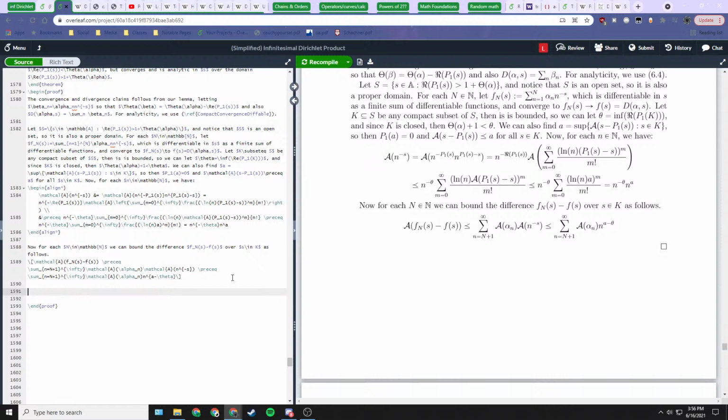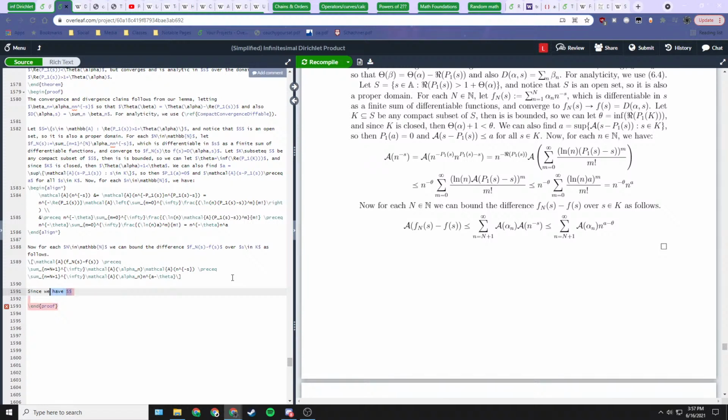Okay, so well, from convergence, so we could say since we have theta of a minus theta, actually we should do theta minus a, or rather, oh yeah, actually this is fine.